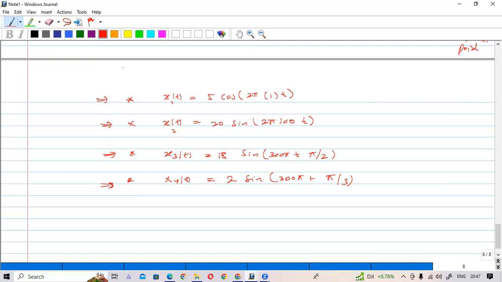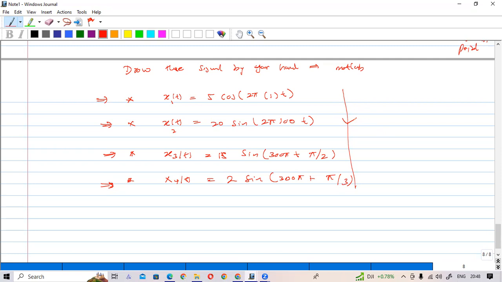Try to draw these signals by your hand. Don't use MATLAB or something. Try to draw this with your hand, using a pen and a paper.